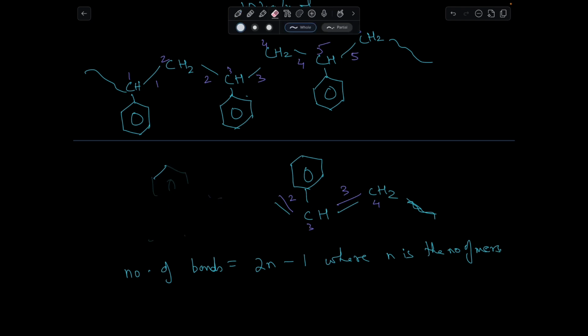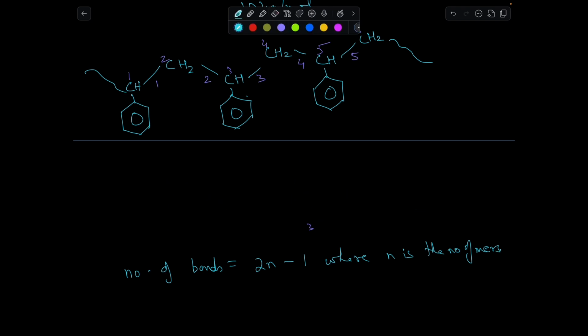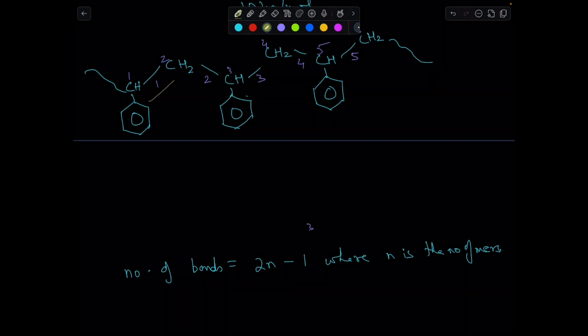Now, the distance between a carbon-carbon bond is 1.4 Angstrom in polystyrene.